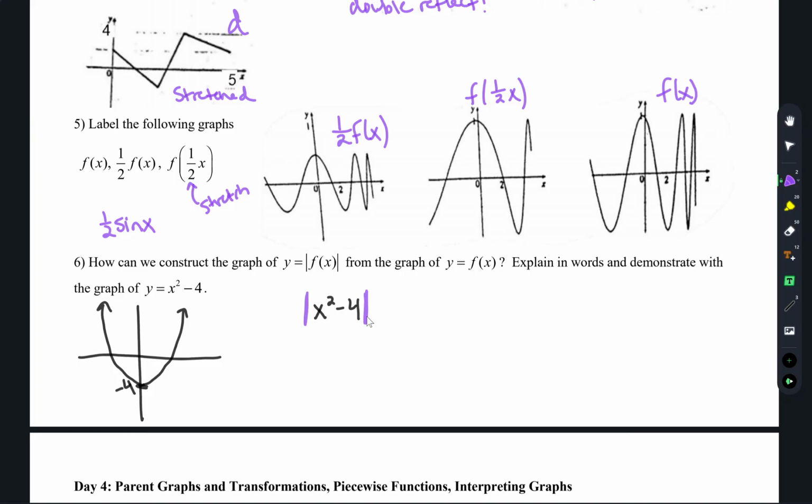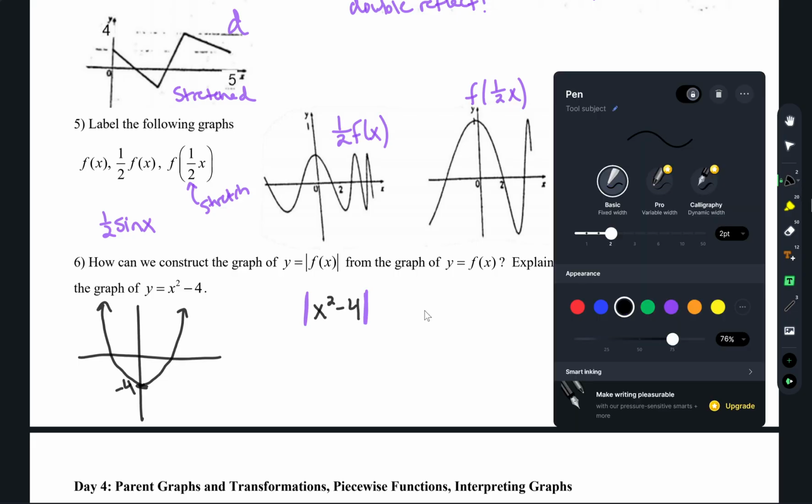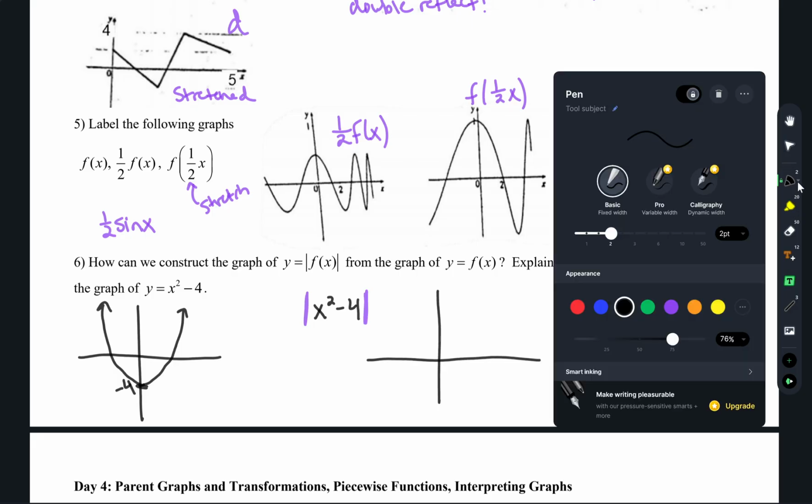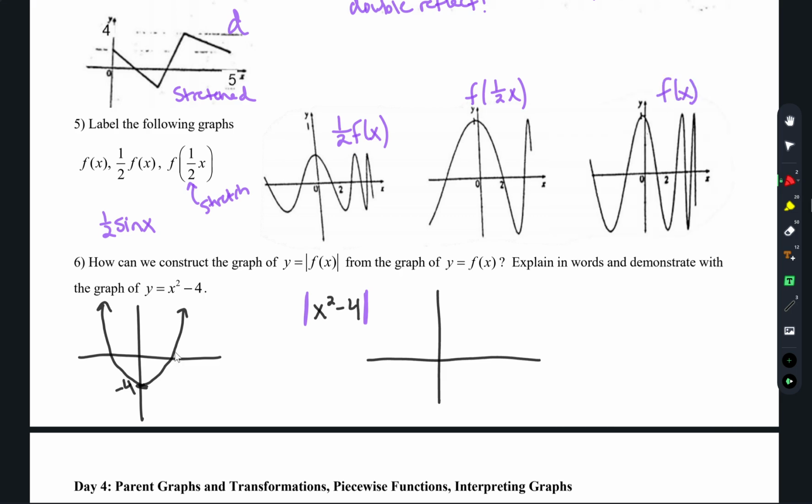So like if I'm going to graph this, all my positive chunks of the graph should be fine. Like this is positive y's, right? It's above the x-axis, those are positive y coordinates. So that's going to be the same.